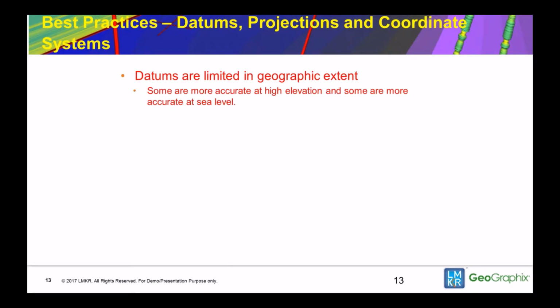Now, datums are limited in geographic extent. We already know that they are a mathematical representation of the Earth's surface, defined by an ellipsoid, but they're limited in geographic extent. So, for instance, you would not be using the North American Datum of 1927 in Russia or in Europe. Some are more accurate at high elevations, and some are more accurate at sea level, for instance.